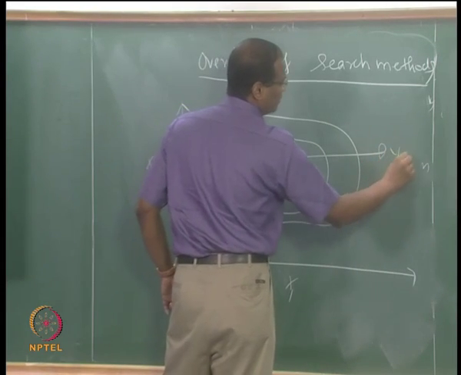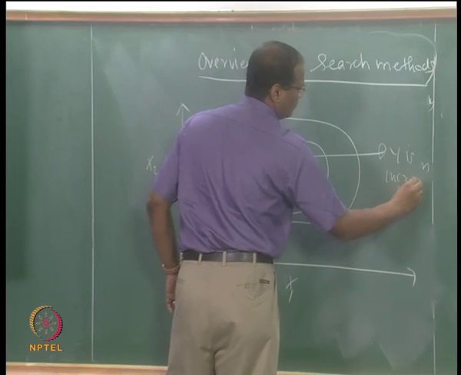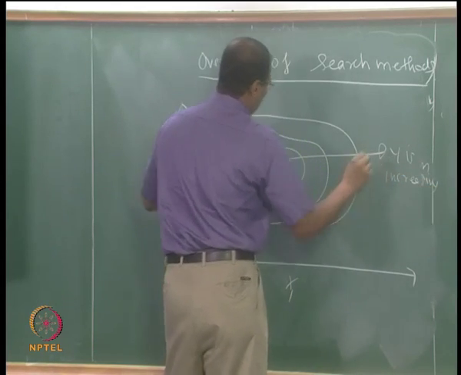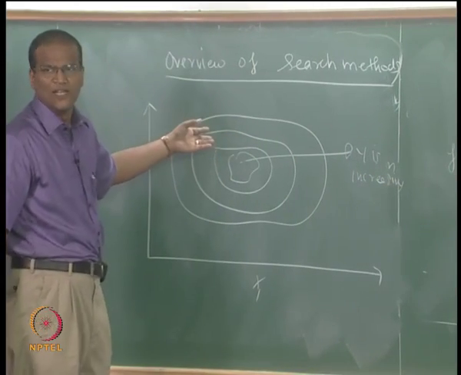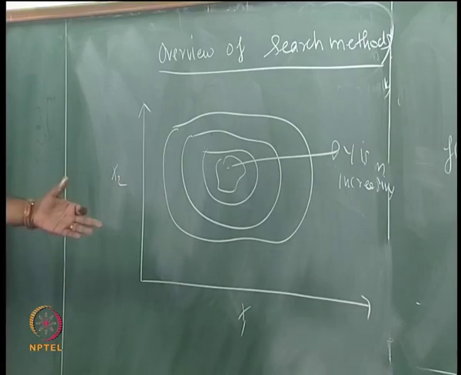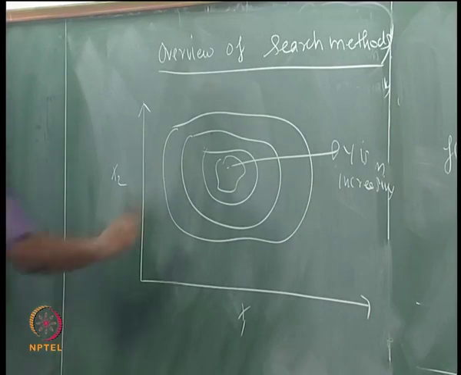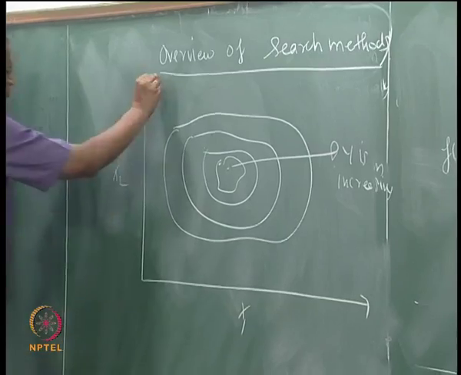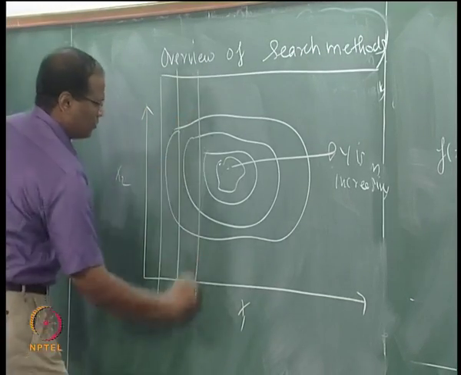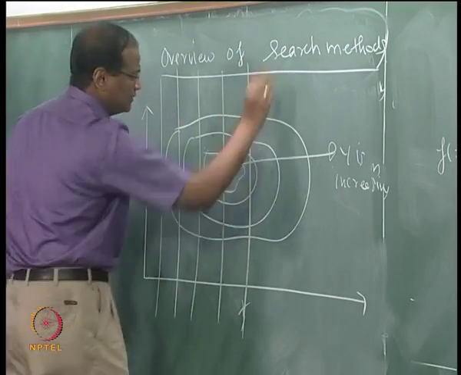So y is increasing. Iso contour lines, iso cost lines or whatever. Okay. Now it is possible for me to come out with a rectangular grid like this.